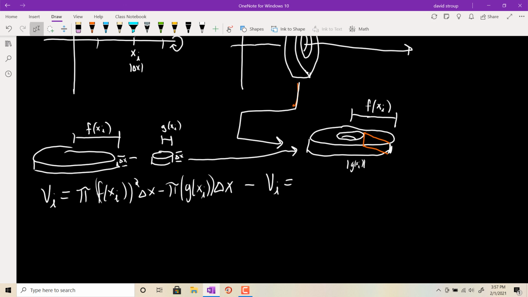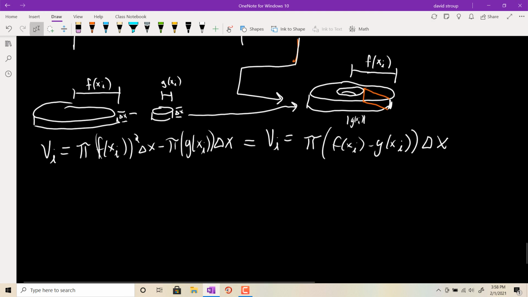But we can rearrange that and make it a little more usable by factoring out the pi and the change in x. We'll end up with pi times f of x sub I squared minus g of x sub I squared, times change in x.